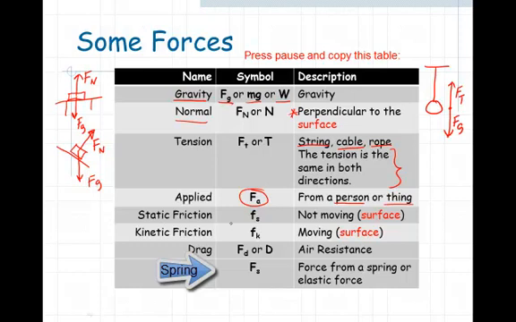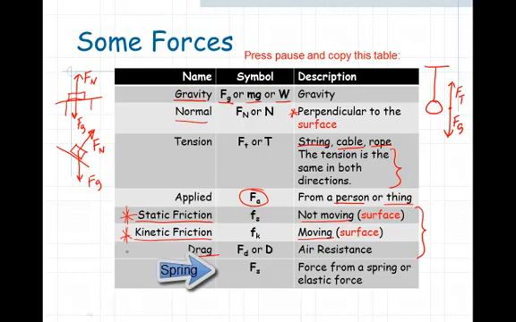Static friction is one of our three frictional forces. Here are the three frictional forces. They are static friction, kinetic friction, and drag. Static friction is a frictional force for an object that is not moving. Kinetic friction is a frictional force for an object that is moving.